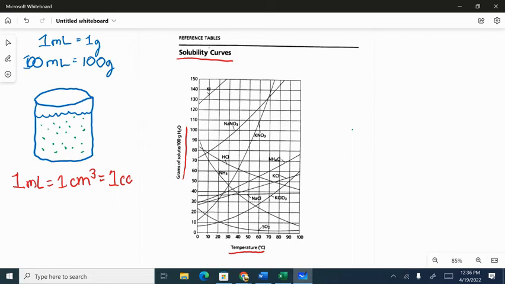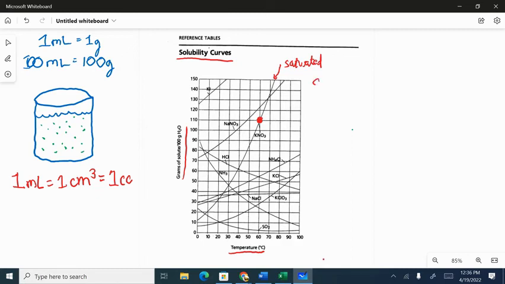But what if my problem tells me that I don't have 100 milliliters of water? That's another thing that we can solve with this graph. So let's just take KNO3. Let's say I have a saturated solution. Remember, on the line is saturated. I have a saturated solution at 60 degrees Celsius.